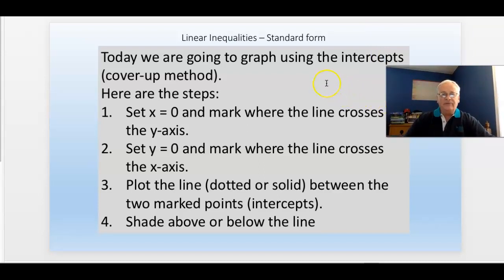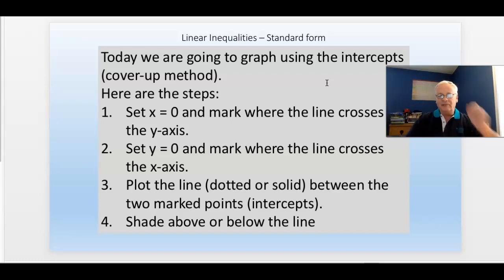Again, guys, today we're going to graph using the intercepts, the Coverup method. Here are the steps, and you need to know this. First, you set x equal to 0, and that tells you where the line crosses the y-axis. So mark the point. Then set y equal to 0 and mark where the line crosses the x-axis.